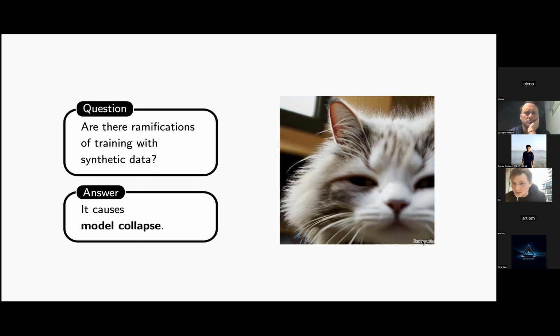And this watermark is produced by the model because the model assumes that the watermark is actually a part of the object because it saw a lot of other objects with the same watermarks on it. And if, for example, the said model was producing the same watermark for all of the images, the subsequent model would similarly learn what this watermark looks like.